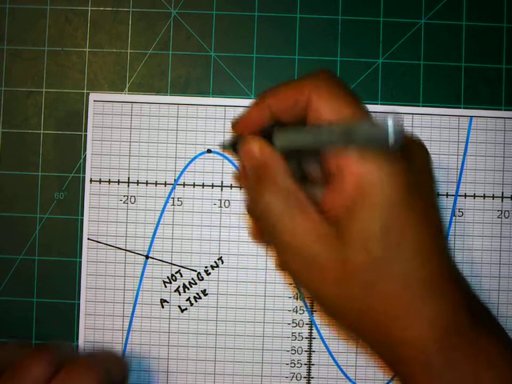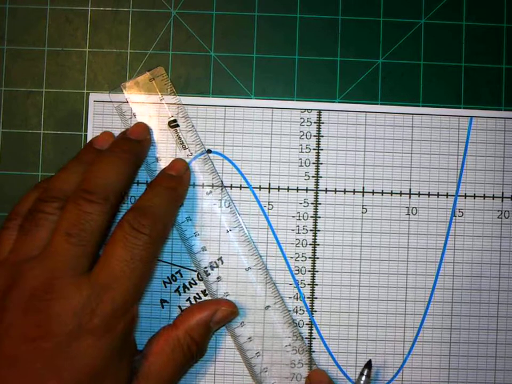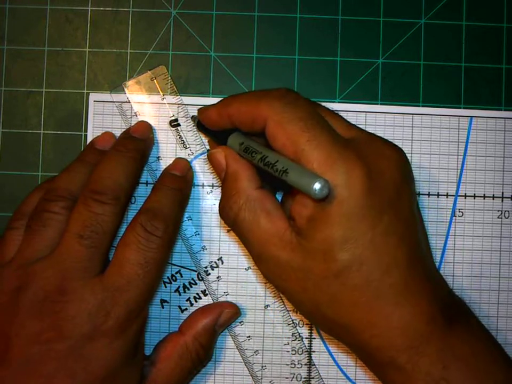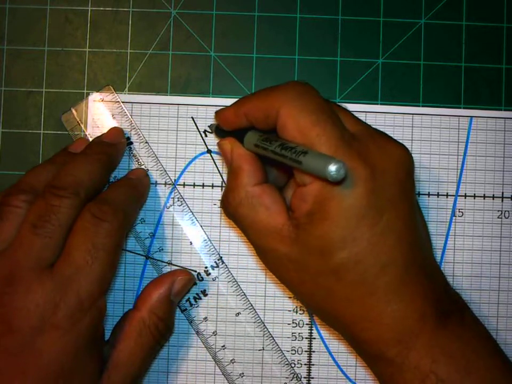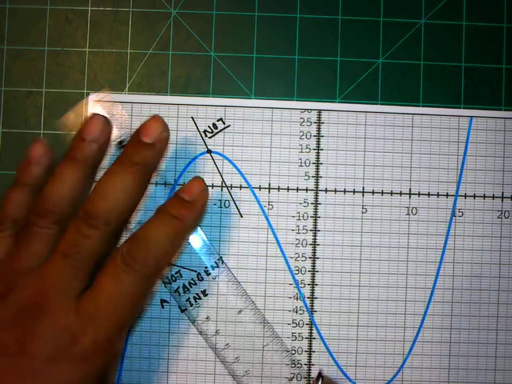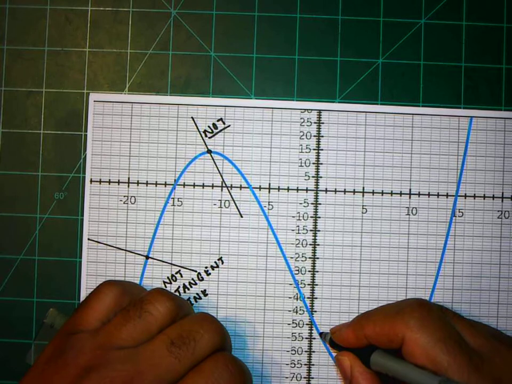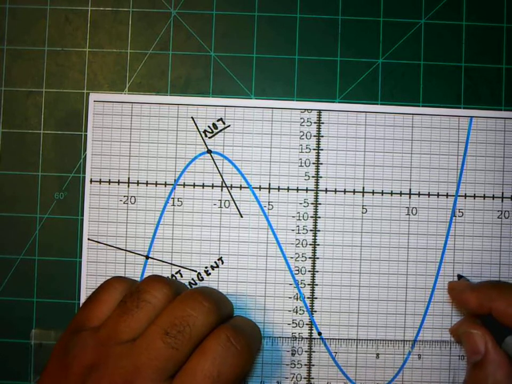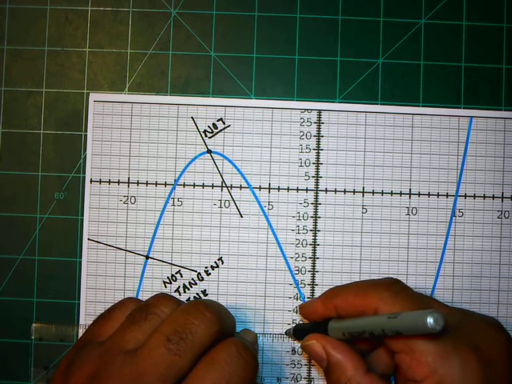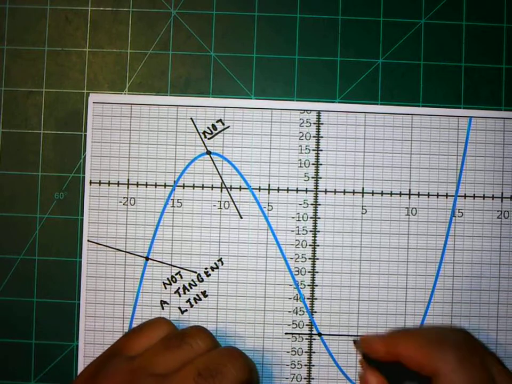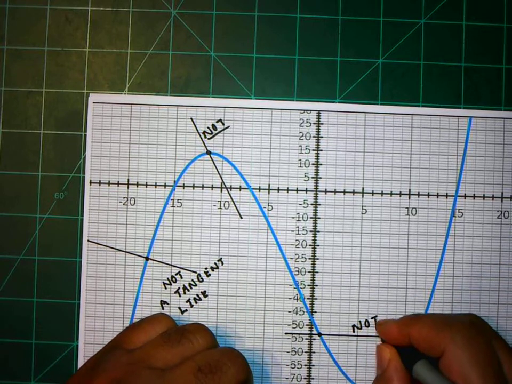I want it this. This is not a tangent line. I wanted something down here. This is not a tangent line.